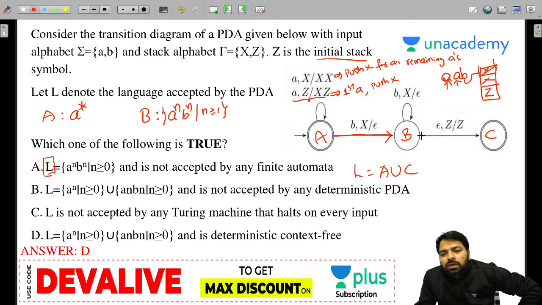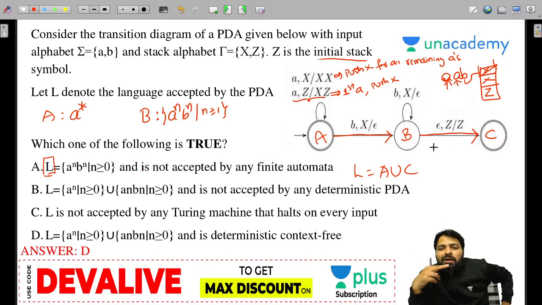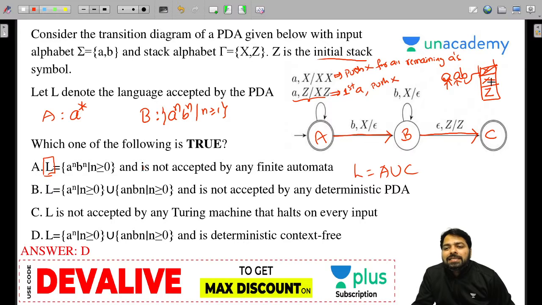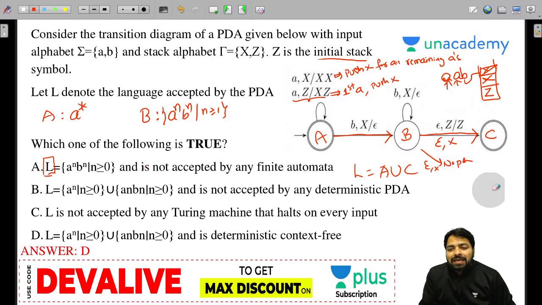Now look, will epsilon comma Z come or not? It will not come, because X is on top of the stack. You have epsilon any time, no doubt, but X is on top of the stack, so epsilon comma X has no path. That means the string aab is invalid.